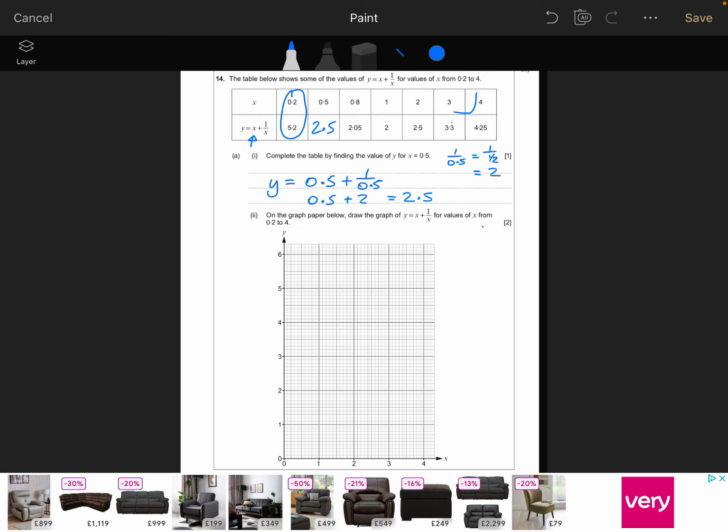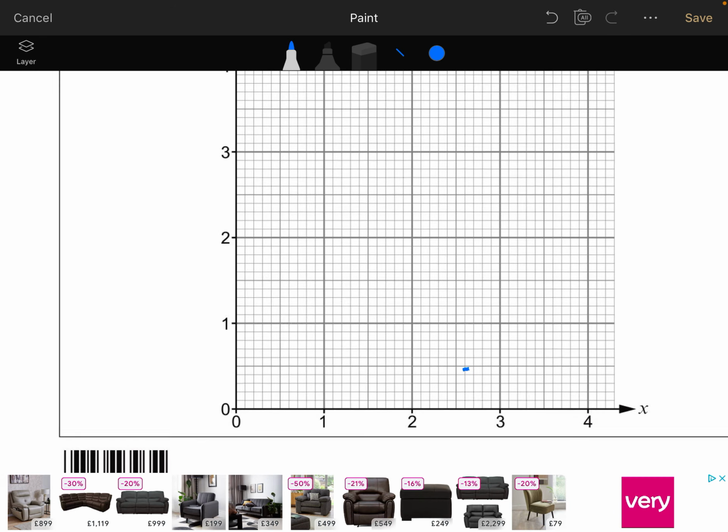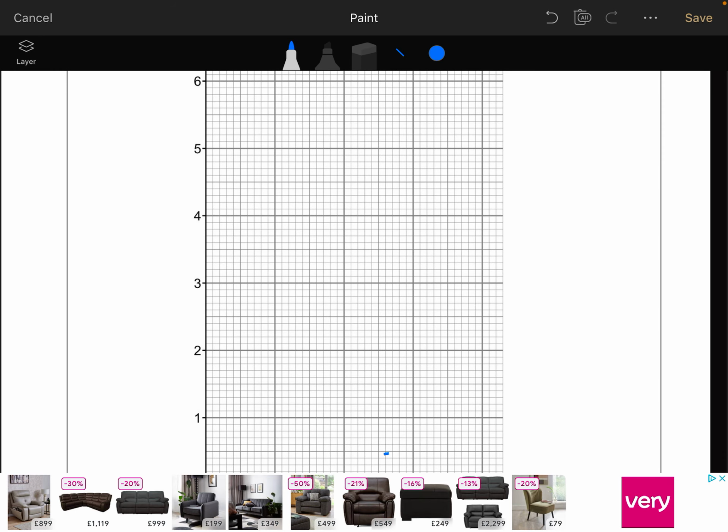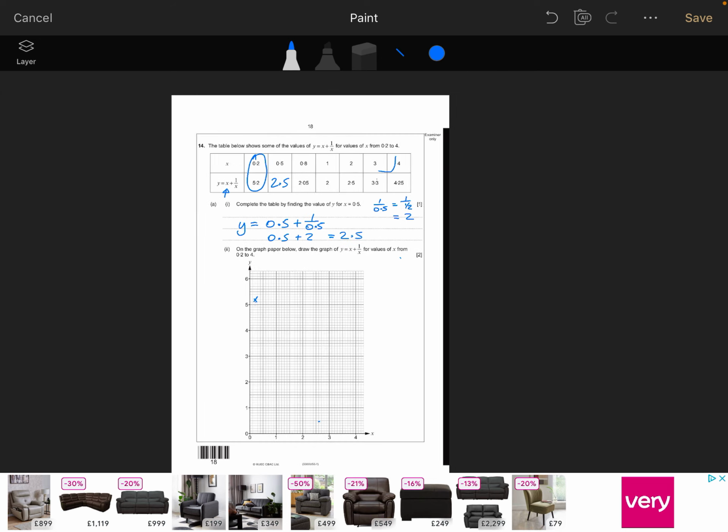This is one coordinate, 0.2, 5.2. I'm going to zoom in as I do it. 0.2 is 2 squares along, and 5.2 will be here. So that's the first point.